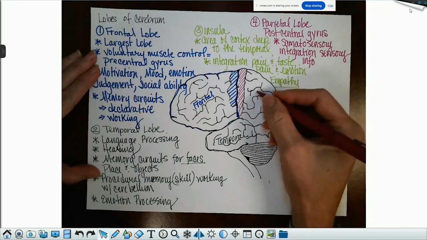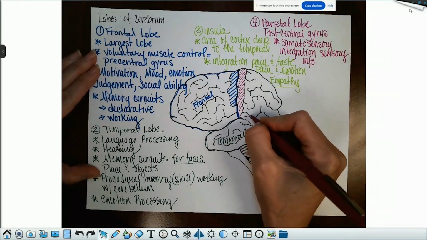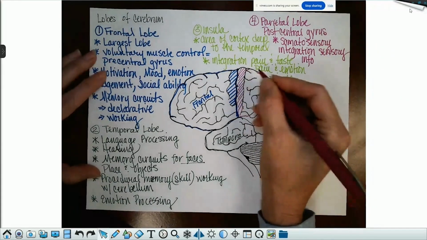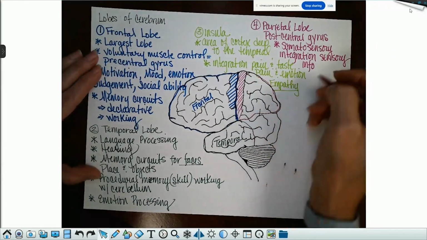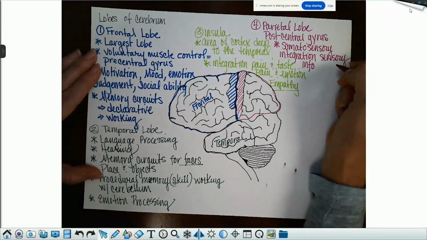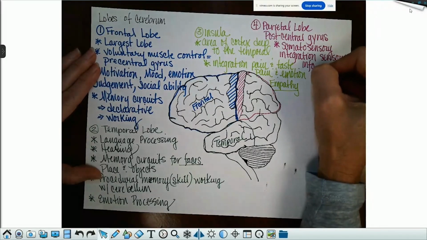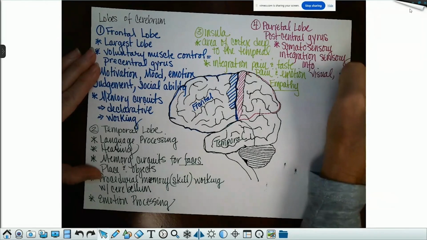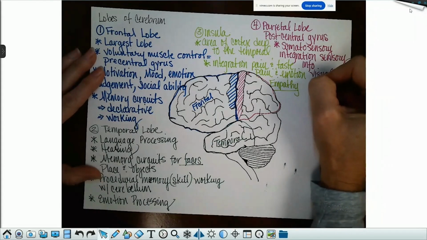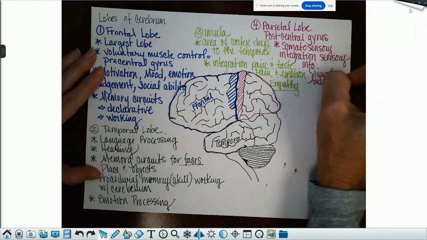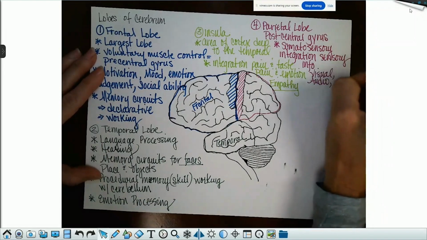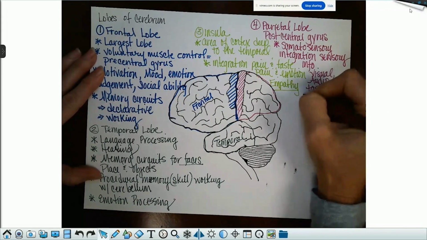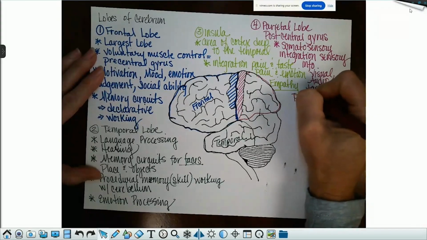It will then be filtered out into the rest of this area for associating it or integrating it with other modalities like visual information and auditory information and taste and proprioception.